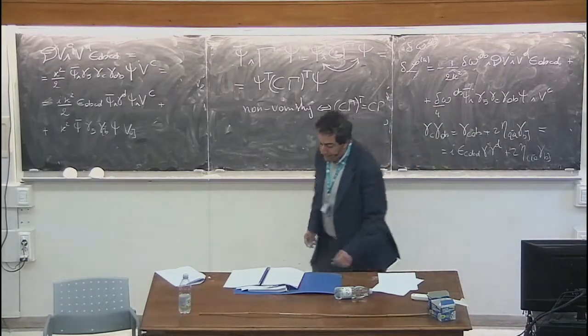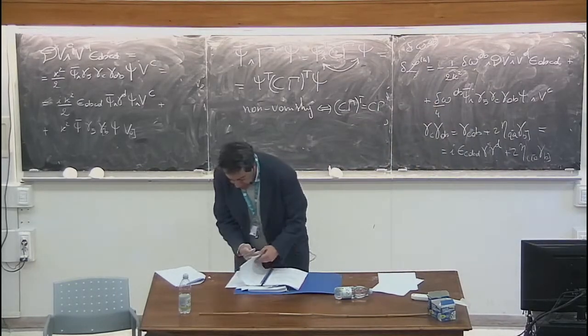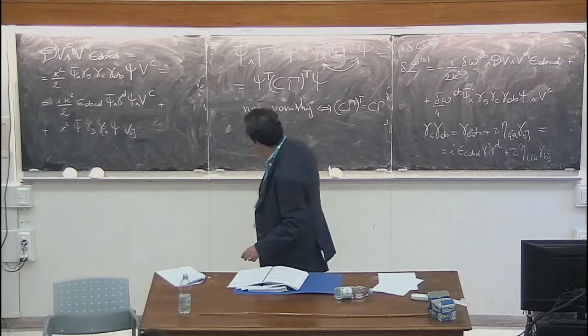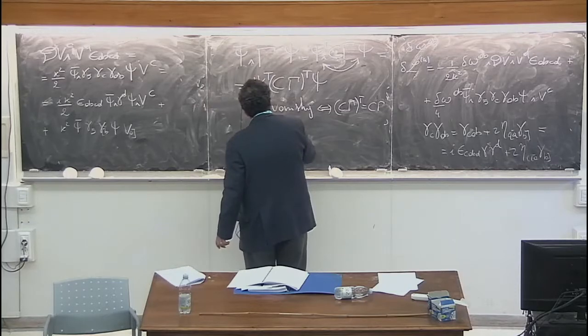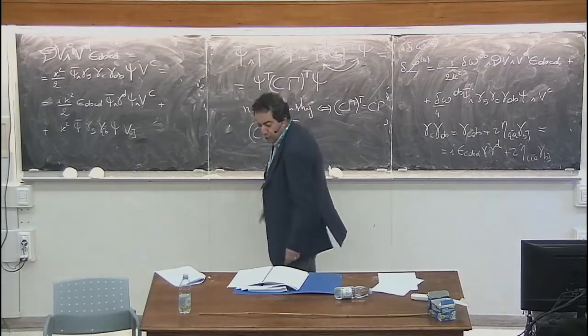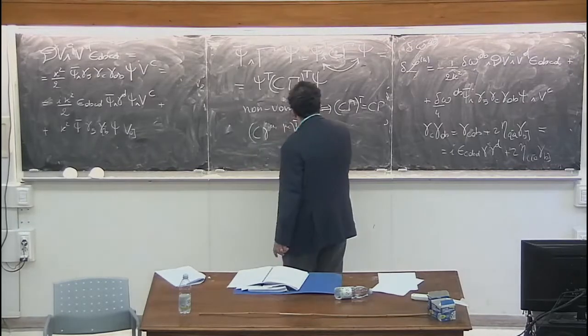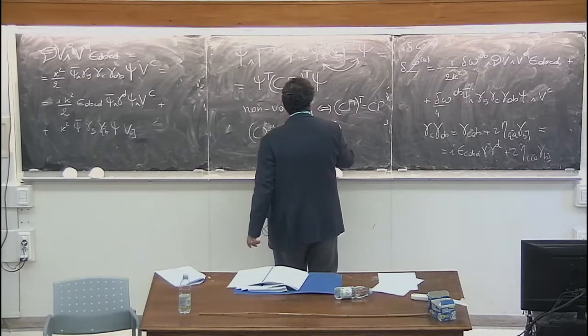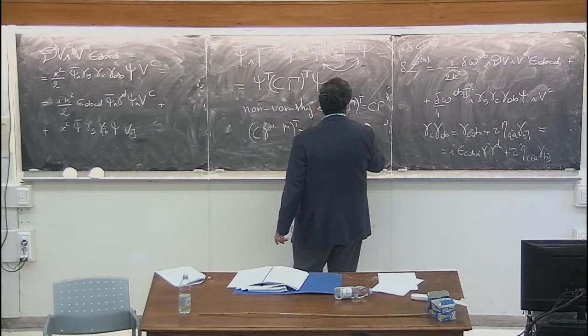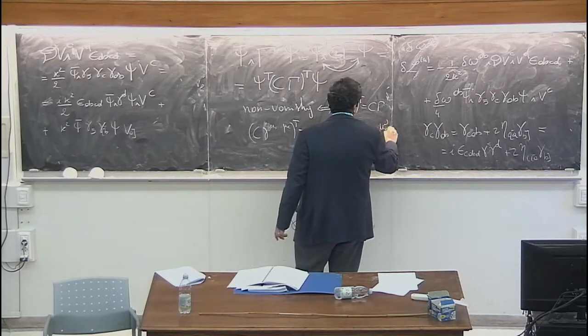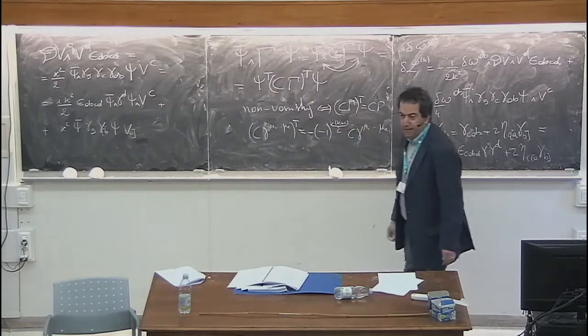You can easily verify, and I leave it to you as an exercise, that C gamma^{mu_1...mu_k} transpose equals minus 1 to the k(k+1)/2 times C gamma^{mu_1...mu_k}. You can easily check this.